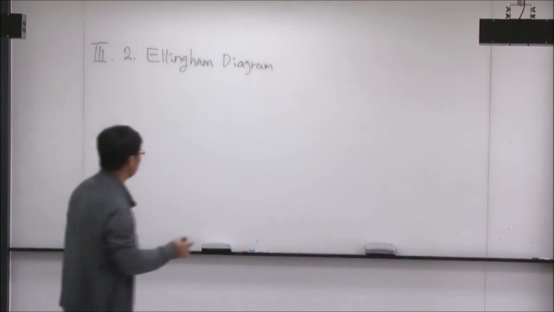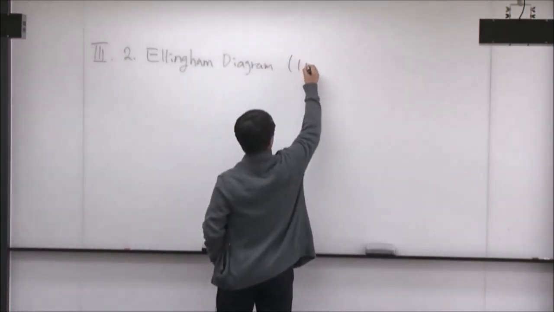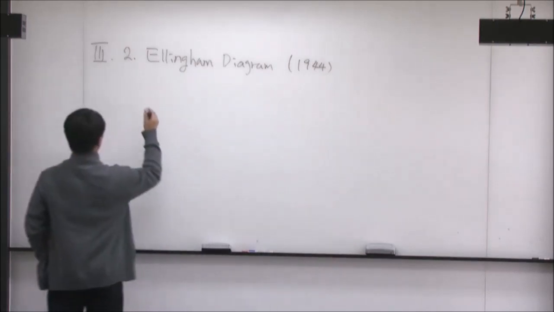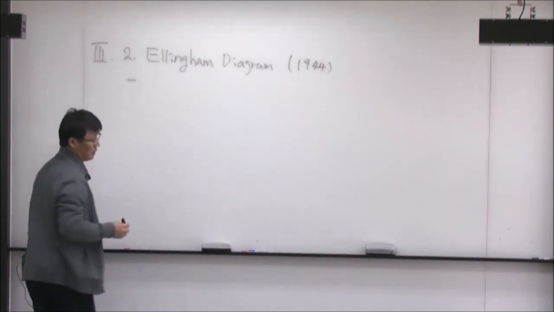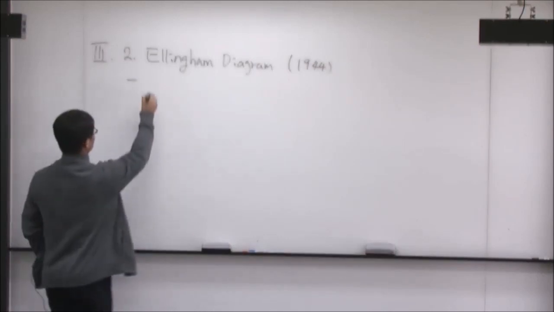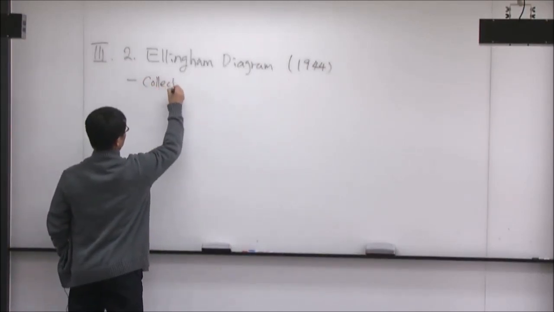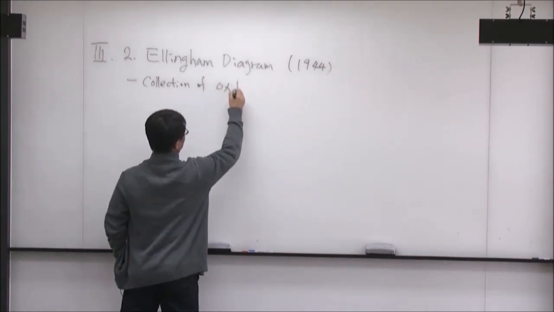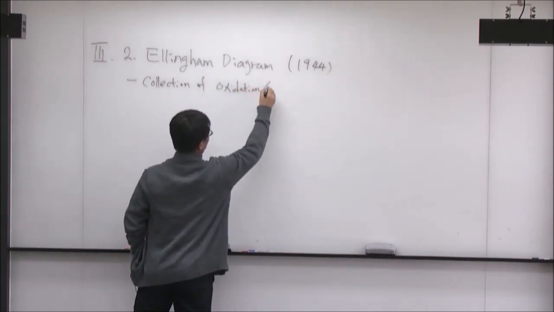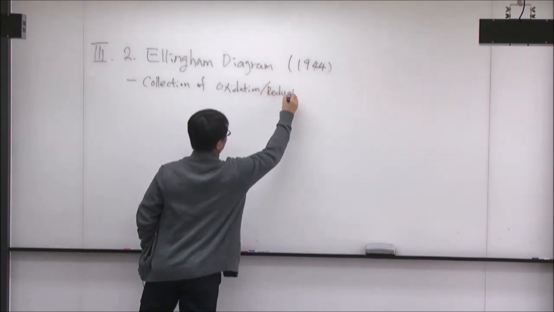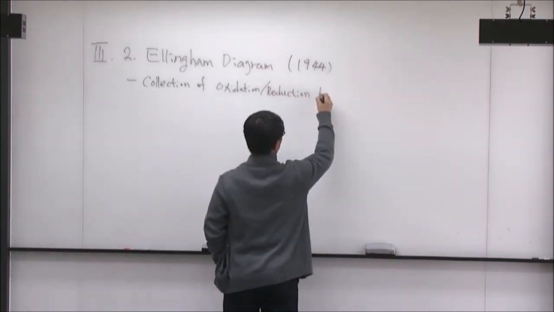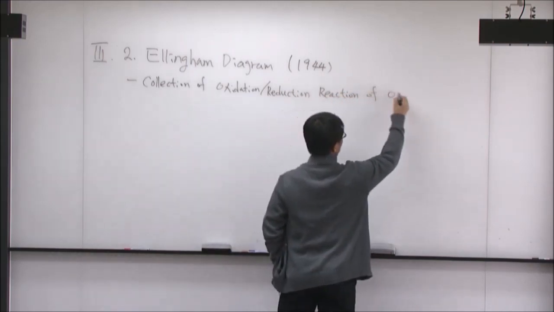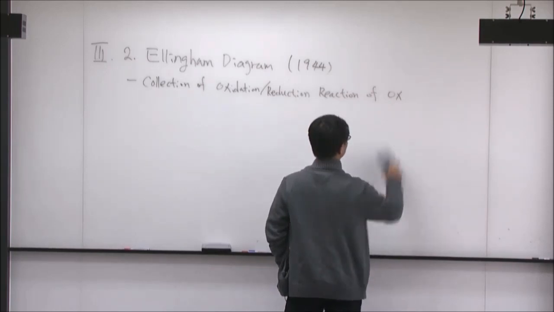This was in 1944. So what is the Ellingham diagram? This is basically a collection of oxidation or reduction reactions of metallic phases.